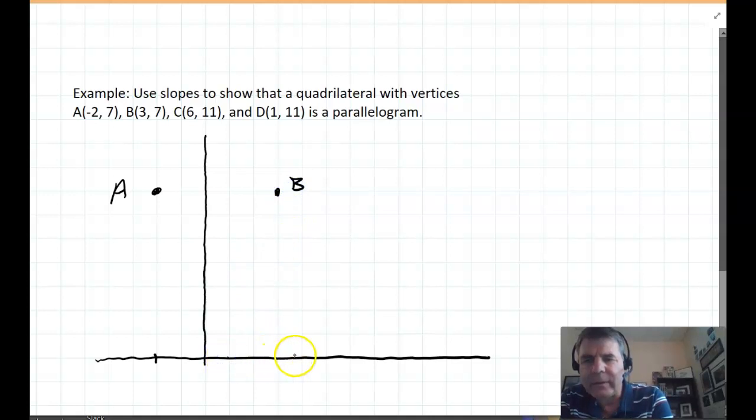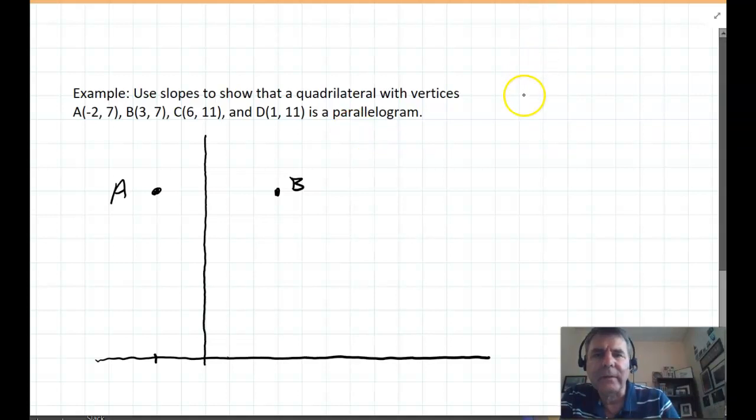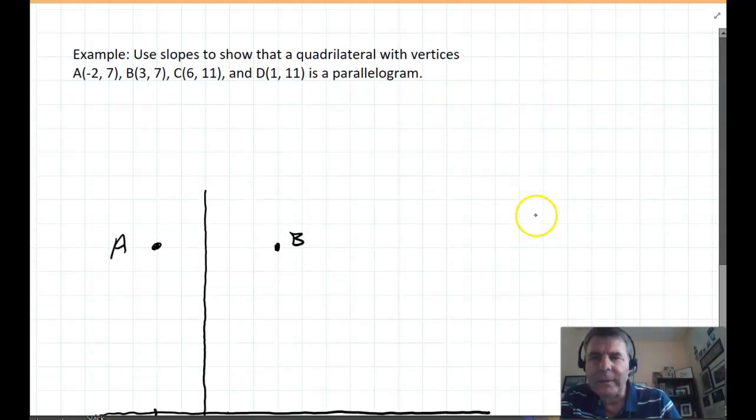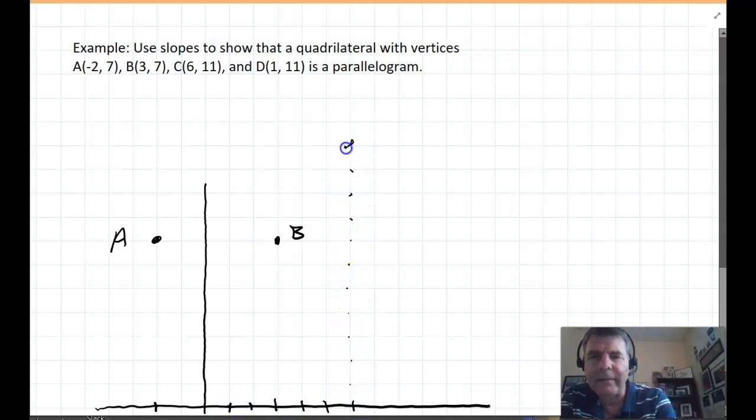Whoops, let me get some more space here. There, okay. So I'm going to go over 1, 2, 3, 4, 5, 6, and up 1, 2, 3, 4, 5, 6, 7, 8, 9, 10, 11. There's C, and D is at 1, 11.